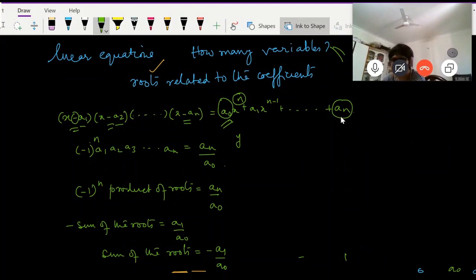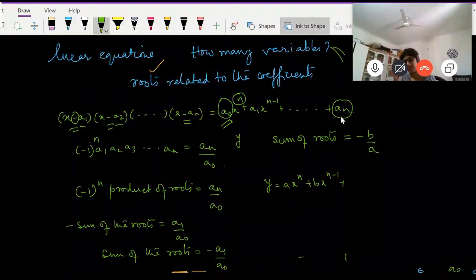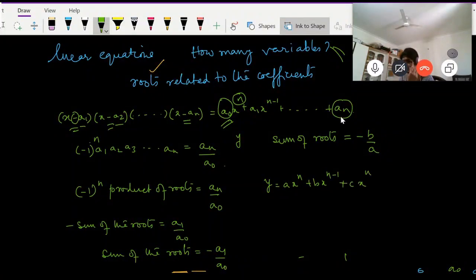See, the general rule is this: sum of roots is always minus b by a. And remember this like this: y equal to ax to the power n plus bx to the power n minus 1 plus cx to the power n minus 2.